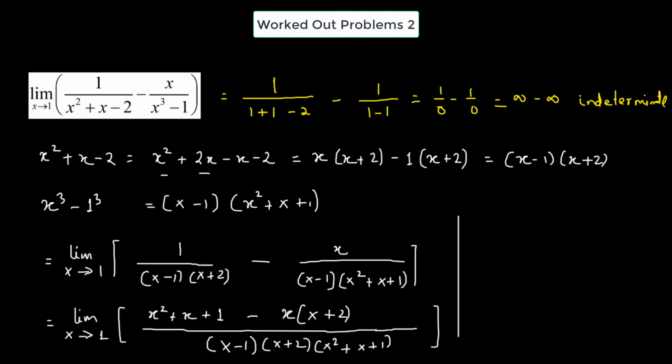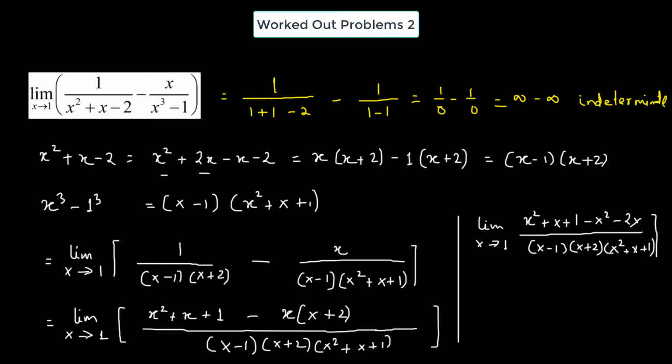we get limit x approaching value 1, we have x squared plus x plus 1 minus x squared minus 2x divided by x minus 1 times x plus 2 times x squared plus x plus 1.